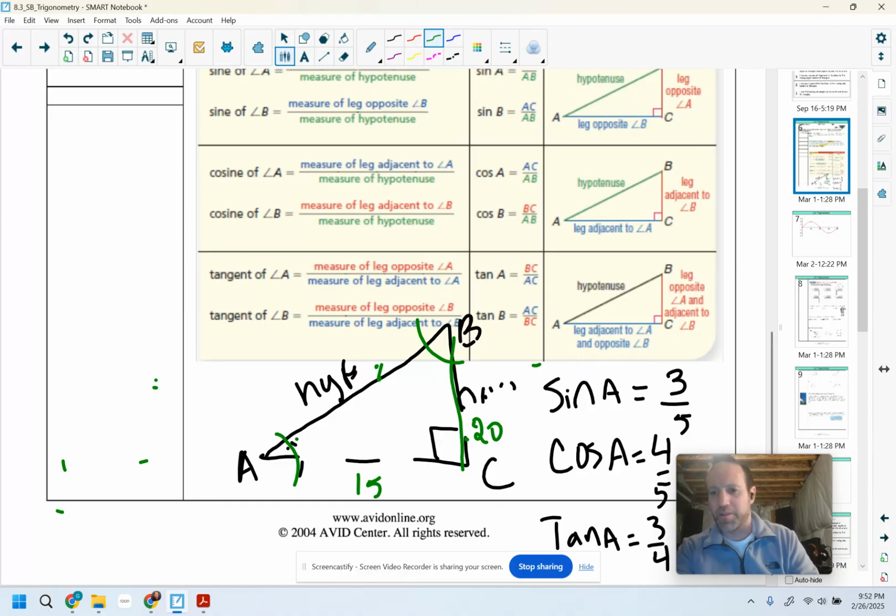What angle must the sun be at for that to be true? For the shadow to be 15 feet, how high up in the sky is the sun, or what angle are we at for the sun?